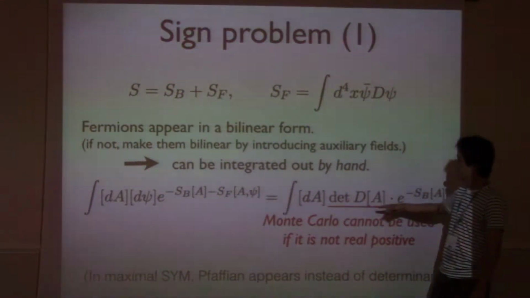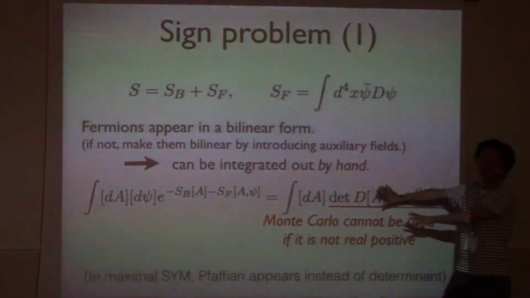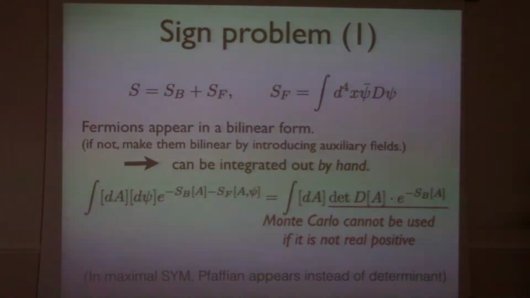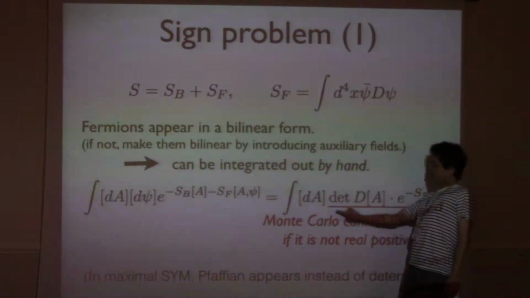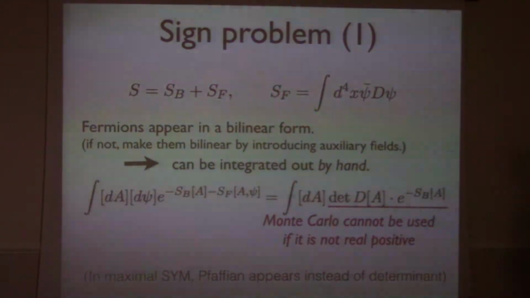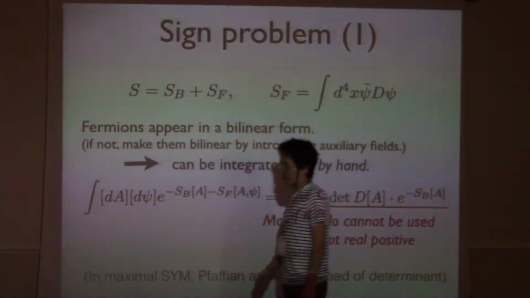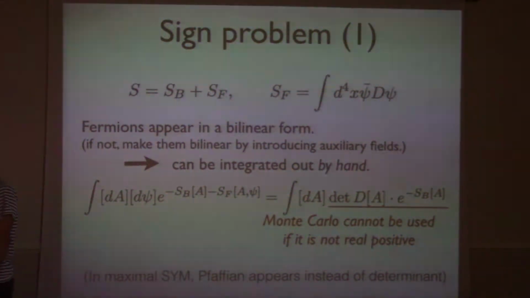In the case of supersymmetric Yang-Mills, this determinant can be a Pfaffian, but essentially they are all the same. Unless this integral weight is real and positive, we cannot use Markov-chain Monte Carlo directly. And this fermion determinant sometimes becomes complex or negative. This was the sign problem.